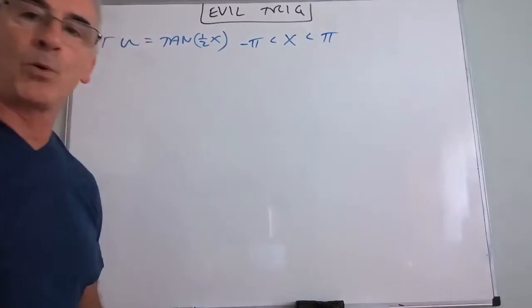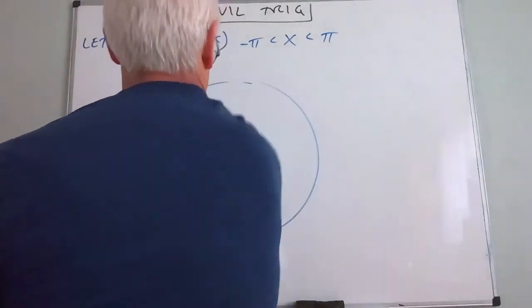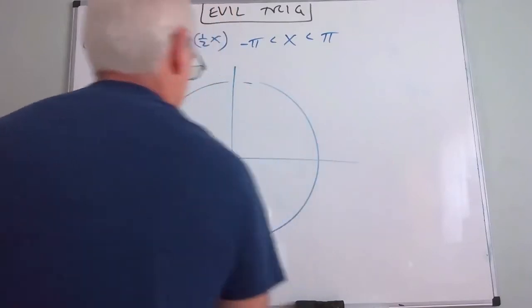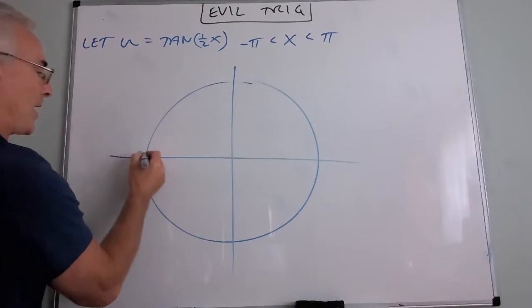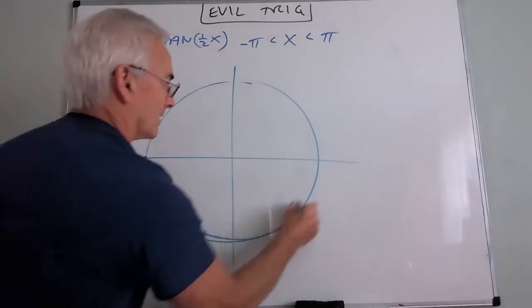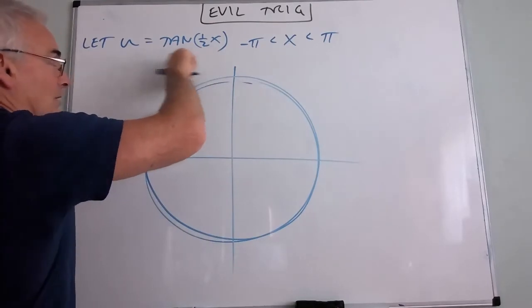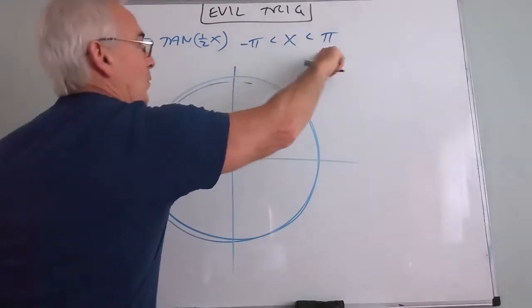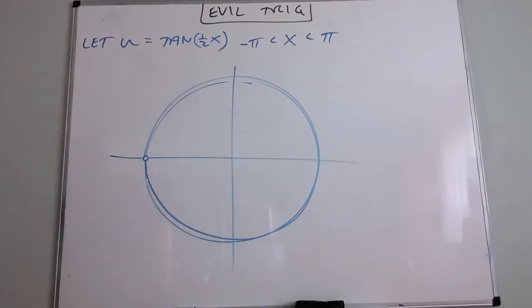Now, why is that important? Because if I think of the unit circle, where's negative pi? That's right here. Where's pi? That's right here. Negative pi to pi would mean that this is continuous everywhere except right there, which is really powerful.